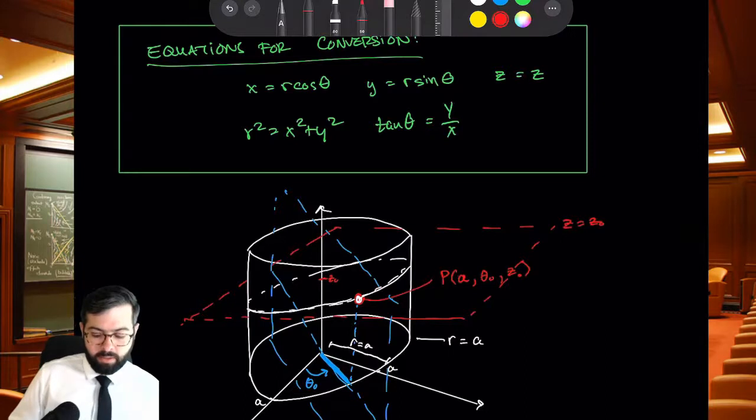Okay. You might be asking yourself, why are we talking about this? Triple integrals are tough. They're a lot tougher than double integrals or single integrals. So whatever we can do to simplify them, we're going to do that. And so if the region is cylindrical or friendly in terms of polar coordinates, we're going to do that. It will frequently be the case.